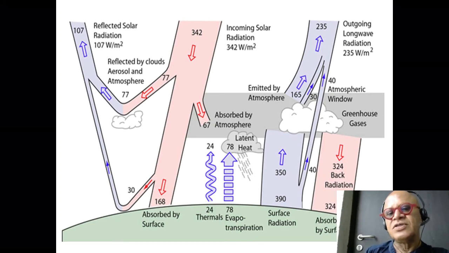So the key thing to note here is that 40, out of the 390, is escaping straight to space. This is the leaky atmosphere that we talked about. The rest is emitted by the atmosphere, by the clouds, by greenhouse gas effects, which are bouncing the energy back. You can see here 324 being bounced back by the greenhouse gases. So what is global warming?